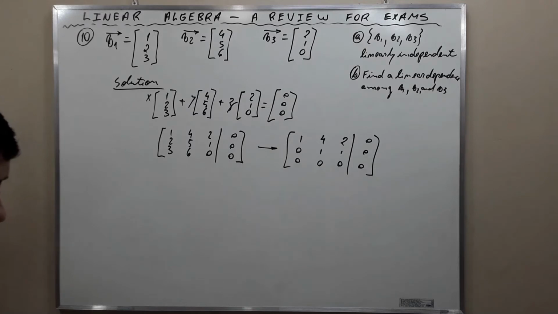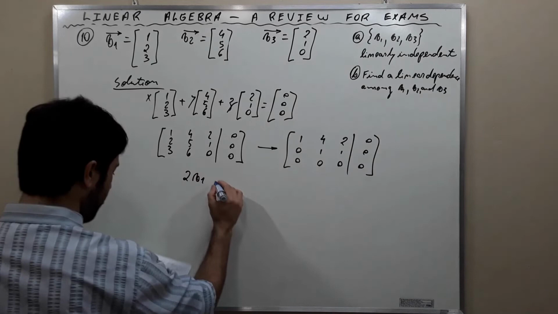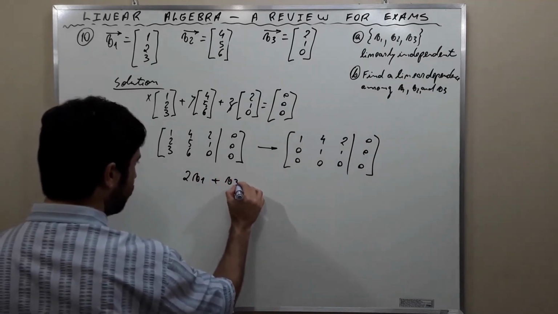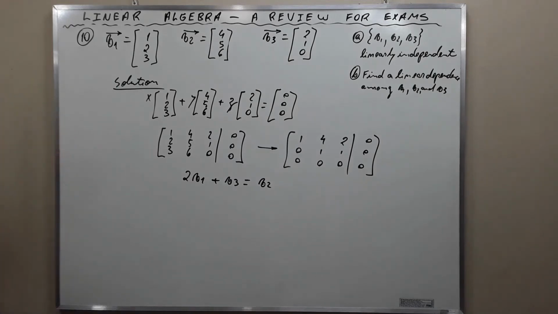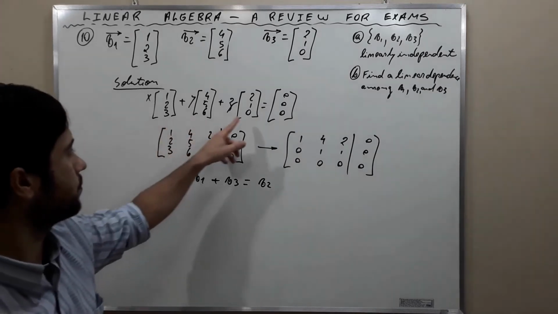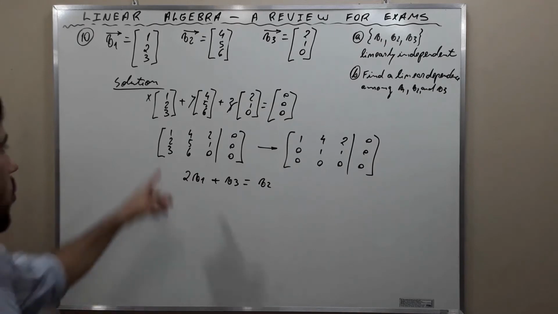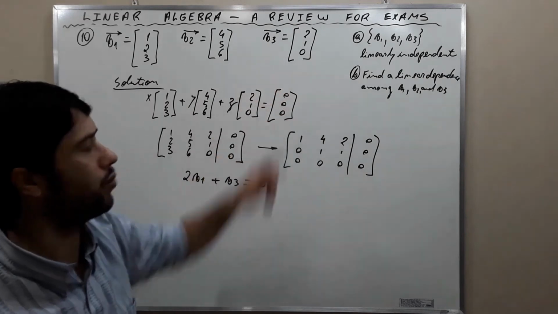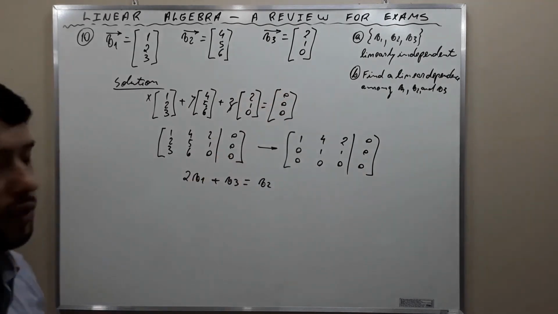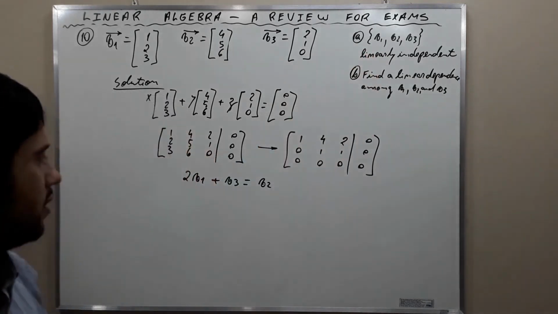And to demonstrate this, observe that 2 times v1 plus v3 is equal to v2. Okay? Let's inspect this and see whether they are linearly dependent or linearly independent. If one of them, v1, v2, or v3 can be written as a linear combination of the others, then this set is linearly dependent.